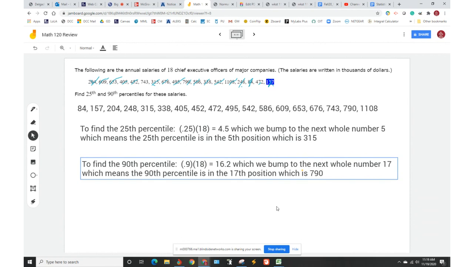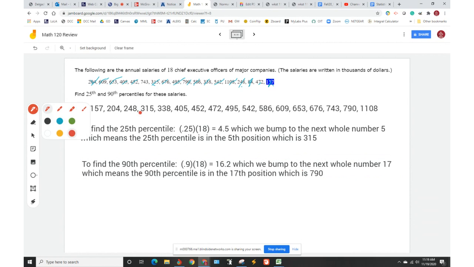So here's the 25th, and then this is the 90th. Any questions about that?